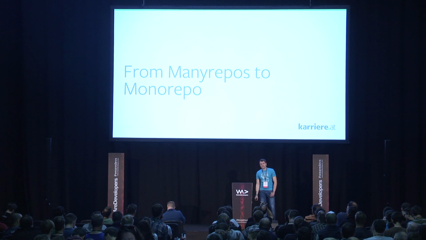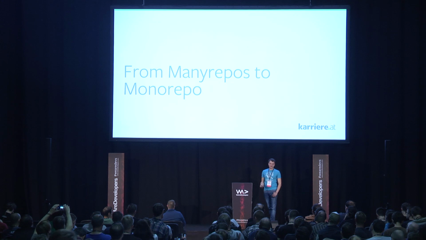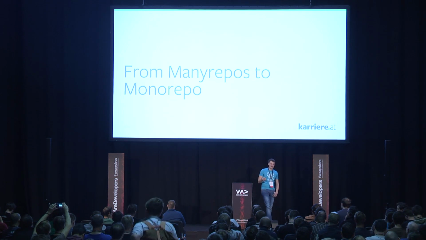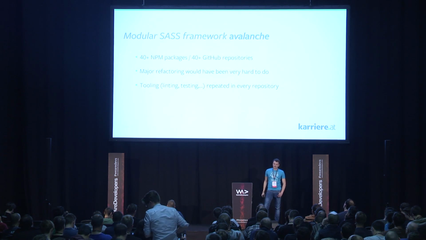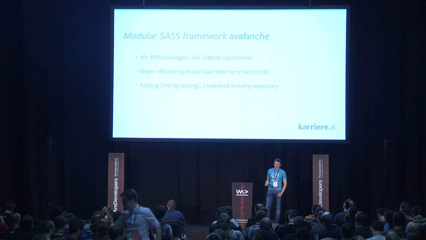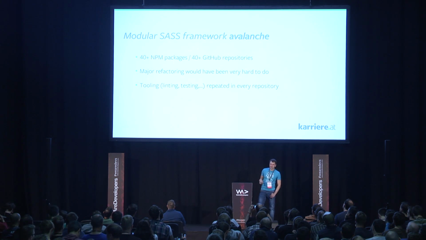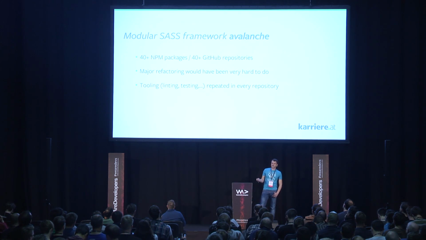Okay, now we're going to look at how I converted one of my own projects from using many repos to one, or actually two repositories, so one monorepo and a second. The project is Avalanche. Avalanche is a modular SaaS framework. Modular means that every one of its features is stored in its own repository.